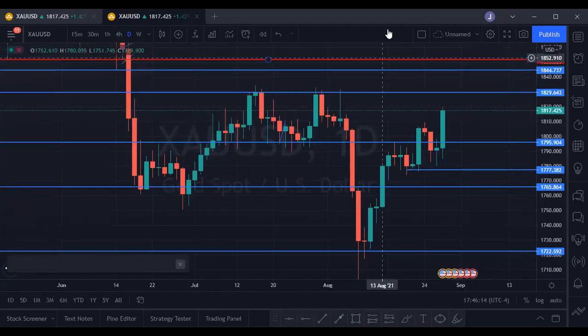You can see how price is making the move up, pullback, up, pullback, up.